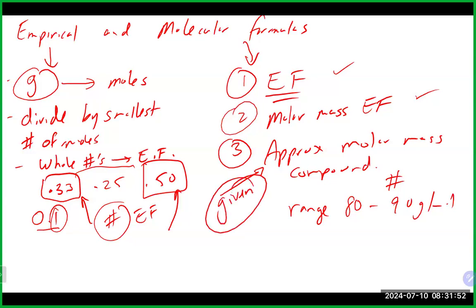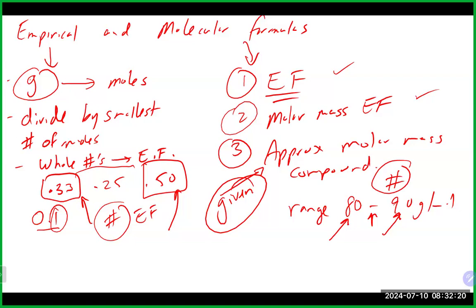So somewhere in that problem, it will say something like, the approximate molar mass of this compound is this, or somewhere between these two numbers. If it is the number, obviously you would use the number. If it's a range, you could either use the lower end, the higher end, or go right in the middle. A lot of people go in the middle of the two numbers and use that as the molar mass. They will all give you pretty much the same answer.